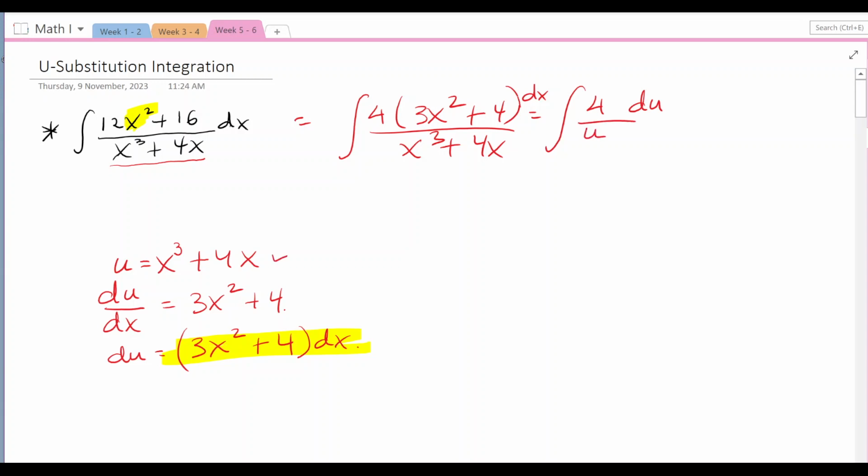Because u equals x cubed plus 4x, and the integral of 1 over u with respect to u is simply ln u plus a constant c, we can then put back our u: ln of (x cubed plus 4x) plus c as the answer for our integral.